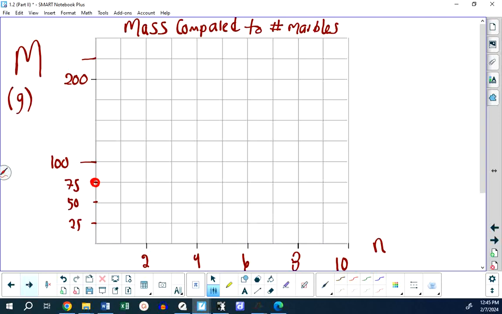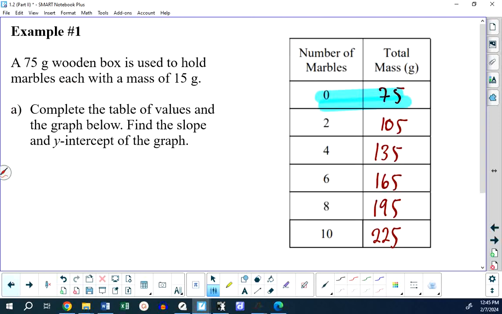This is a data point. Had I asked you whether 2 marbles and 105 grams is a data point that we can plot perfectly, no. We can find 2 marbles exactly on the horizontal axis, but going up to 105 would be iffy. We'd kind of put a dot, I don't know, maybe there or there. It would be an iffy thing.